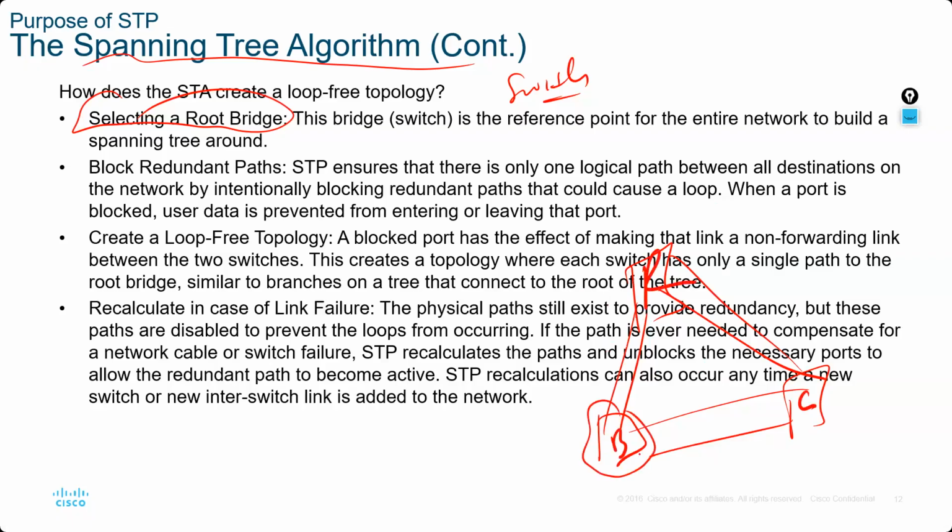There are two paths: I can follow the left, I can follow the right. So switch B will find the best path to the root bridge. How? Based on speed, the fastest one to the root bridge. And that speed is based on cost. I'm coming there. Just follow me.